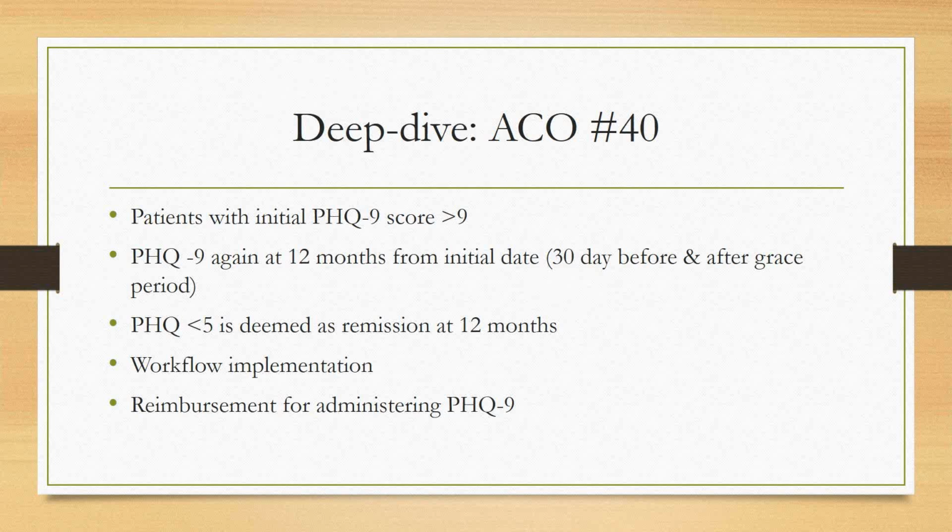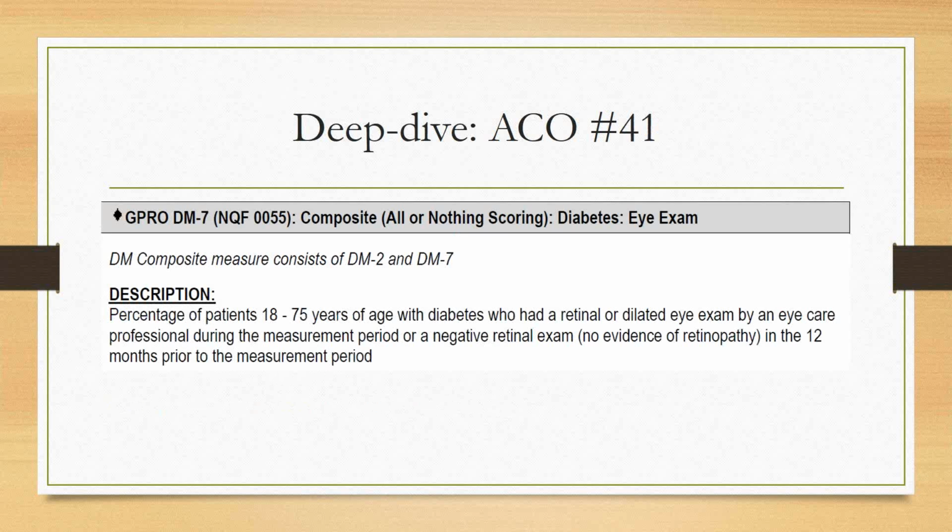There's been a lot of discussion around what that actual workflow would look like. How do we flag those people? Do we use some type of reminders? And bringing those patients in, there is an additional reimbursement for administering the PHQ-9, so just keep that in mind. Can you move to the next one?